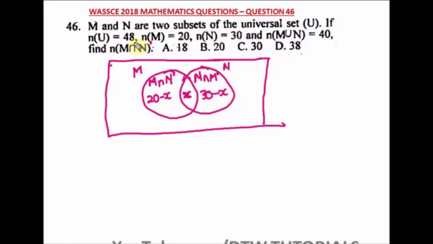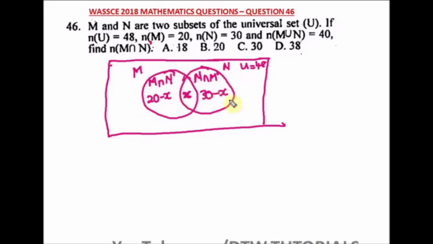From here we are given our universal set as well. U is equal to 48, and we are given M union N is equal to 40. So M union N, which is this whole, is 40, and our universal set is 48. There should be a remainder here, which is everything outside the two subsets.